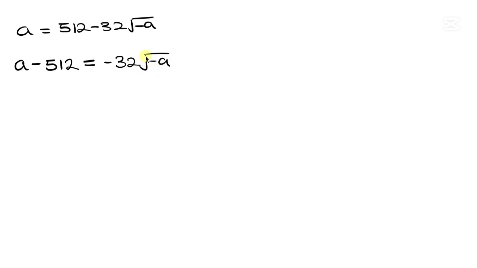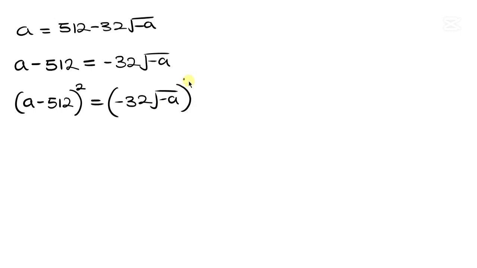Now, let's get rid of this square root by taking the square of both sides. So for the left, I have a minus 512. I'm going to be taking the square of the left equal to, for the right, I have negative 32 root negative a. I'm also going to be taking the square of the right.